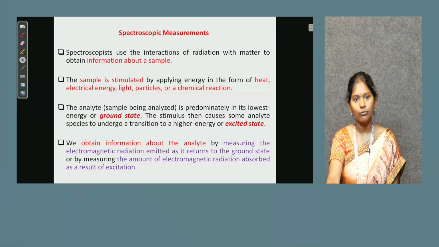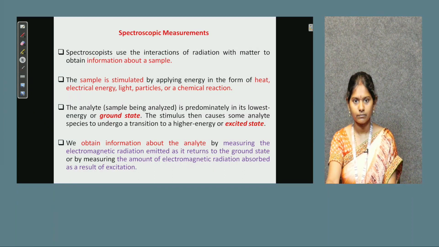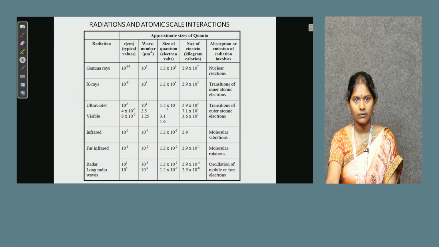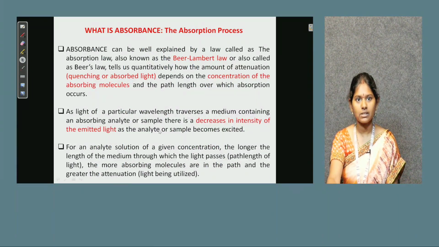So this transition from the higher energy level to the ground state determines the ability of the particles to absorb light. These are some of the radiations and atomic scale interactions of various molecules at different radiations. So this is what absorbance actually is.